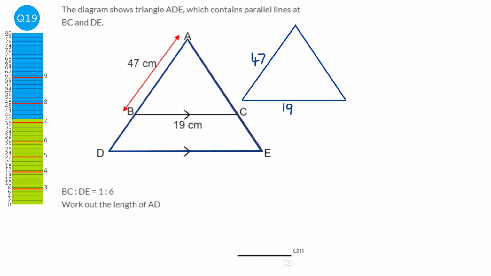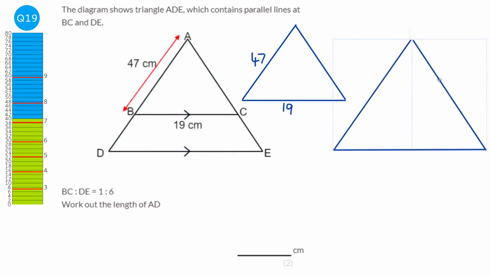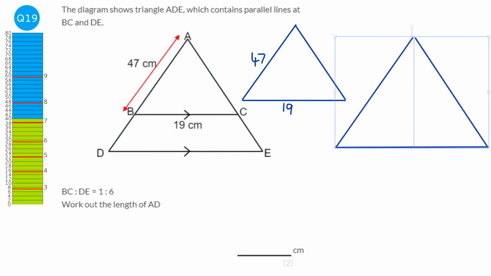We don't really know what any of the sides are just yet, but we can work them out. Okay, now we know that both of these triangles are similar, and the reason is they share an angle, and the lengths at the bottom are parallel, so they will be similar, which means one's an enlargement of the other.